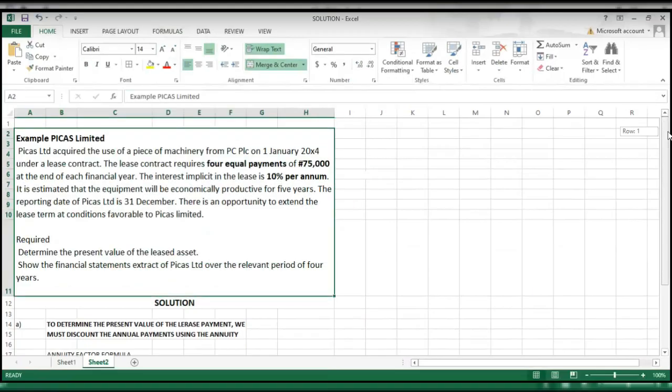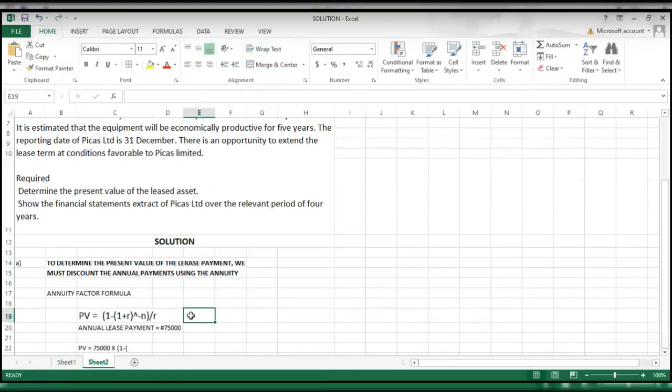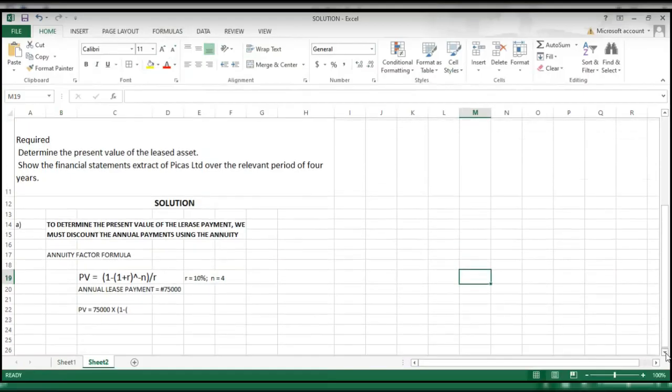So that represents our R, and our N is the number of years the payment must be made, which is 4. So let me just put the figures here. R equals 10% and N equals 4, so that we have those information there to put into our formula of annuity factor.